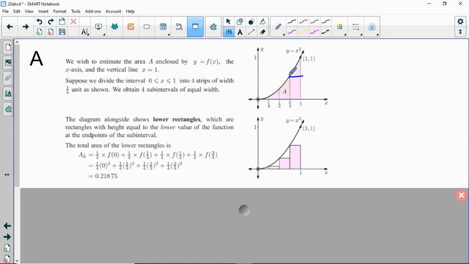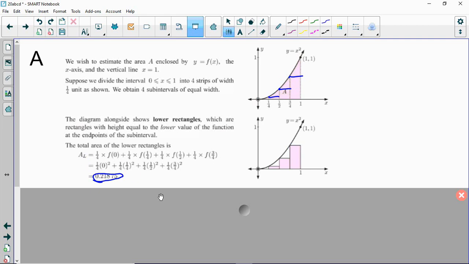So that's the lowest part of the curve within the interval from 3/4 to 1. And similarly, from 1/2 to 3/4, it's going to be here at the left end point, and then the same thing over here. I mean, really, since we have an increasing function, all of the rectangles in this case are going to connect at their left end point. So these are lower rectangles, and we see over here that the area, if we were to actually calculate what the area of those 4 rectangles is 0.21875.